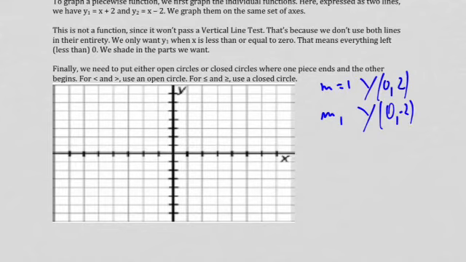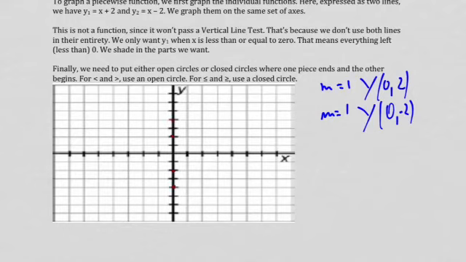Because the slopes are both equal to 1, you can expect that these two lines will be parallel to each other. So if I go to the point 0, 2, I call that point 1, and then minus 1, minus 2, plus 1, plus 2.